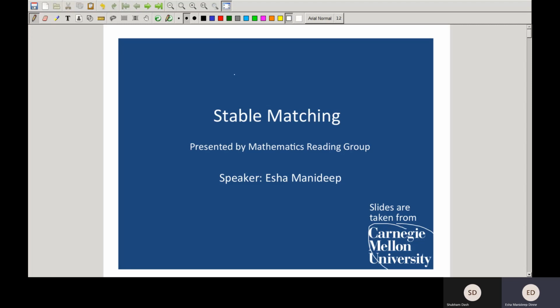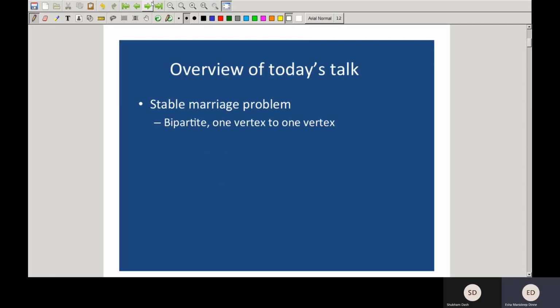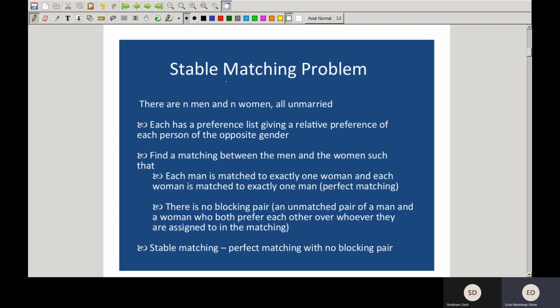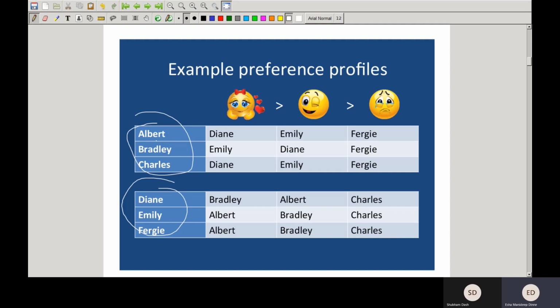All right. So this is stable matching, and the slides are taken from CMU. The problem is you have n men and n women, all unmarried, and you want to match them up between themselves. For that, they give you a preference list. Let's take this example.